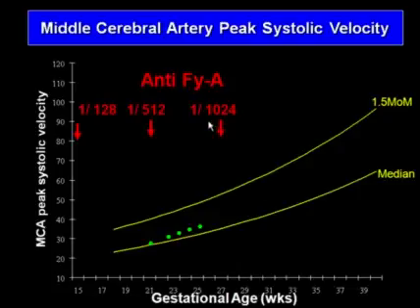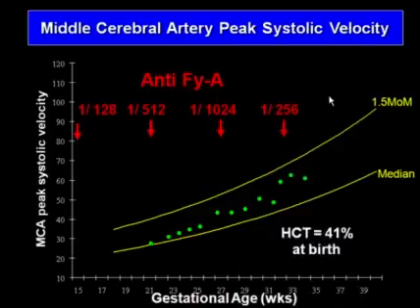However, the titer went to 1/1024. We continued to follow the patient with the middle cerebral artery. We did not do any procedures at that point, although we became very nervous because of this value. But the baby was delivered at term, and when the titer was repeated in the mom, it was 1/256. And the baby was not anemic at birth, actually the hematocrit was 41%.